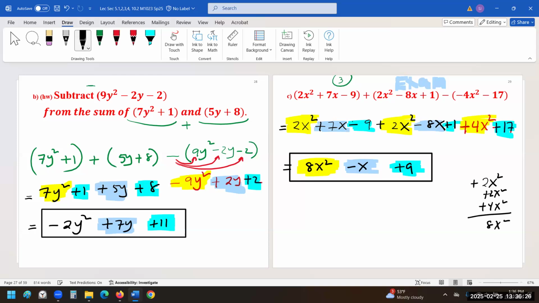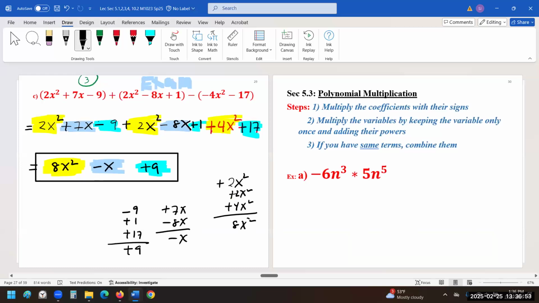So we have a total of 8x squared. And then we have plus 7x minus 8x. That gives us negative 1x. And then we have minus 9 plus 1 plus 17. 17 plus 1 is 18. 18 minus 9 is plus 9. If this is easier, you can do it vertically instead of horizontally.